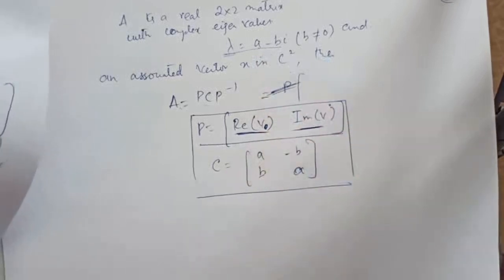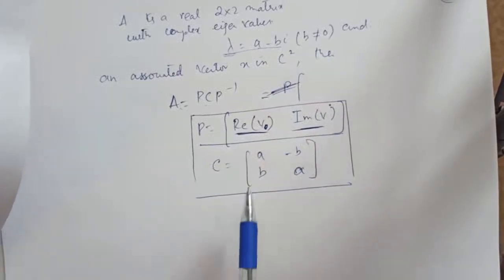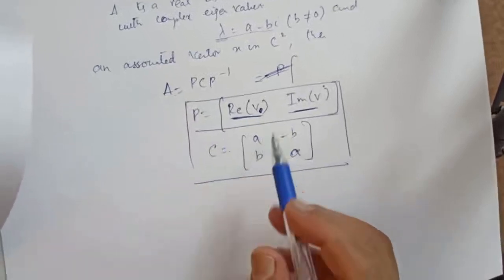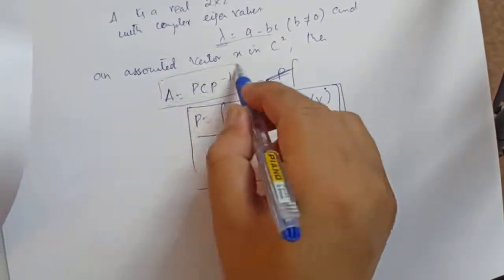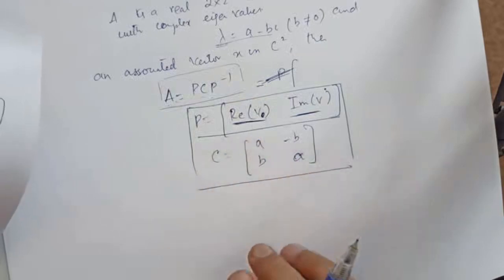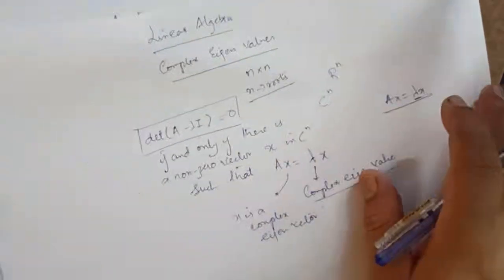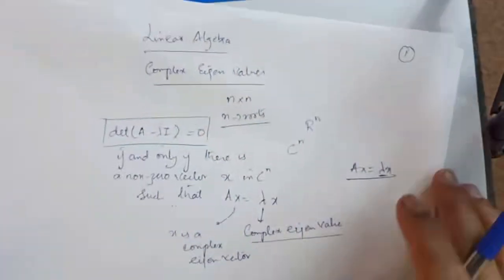And again we can see that A is equal to PCP inverse, where C is composed of the real and imaginary parts of the eigenvalue. Hopefully you have understood this concept.